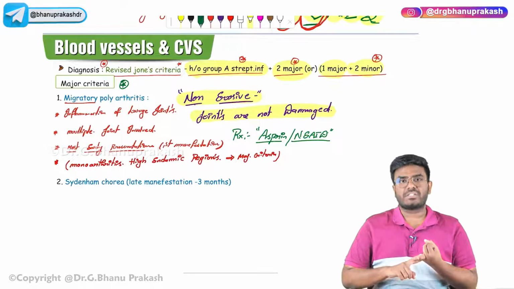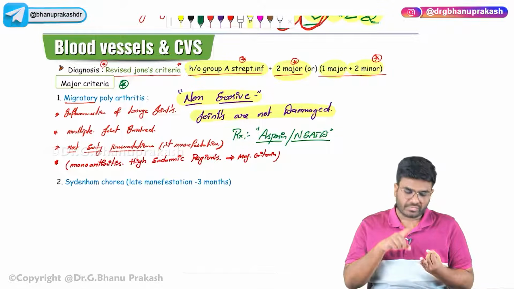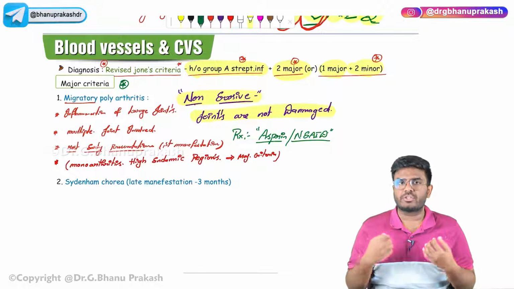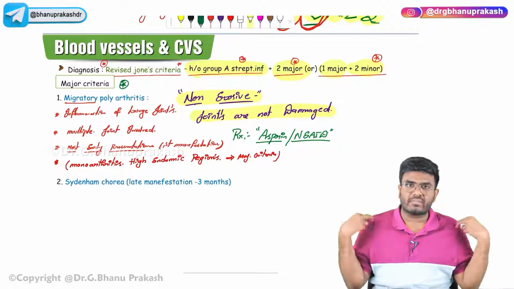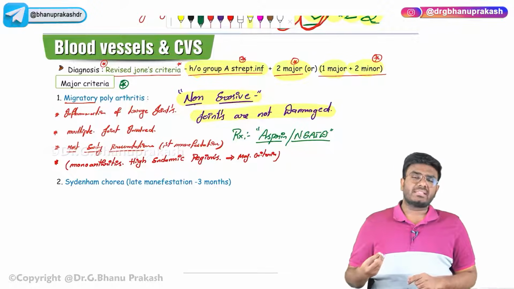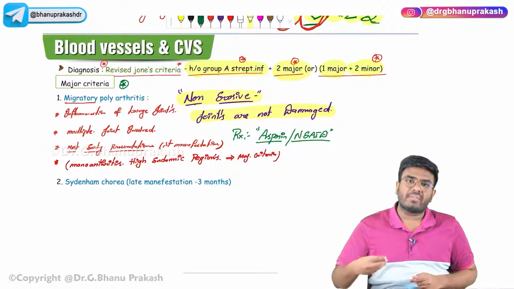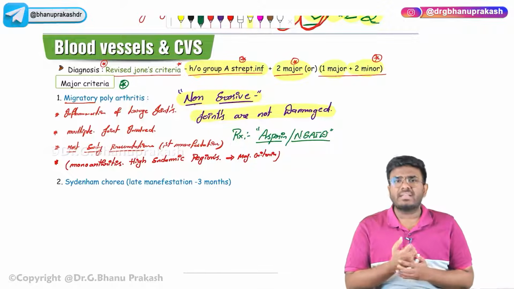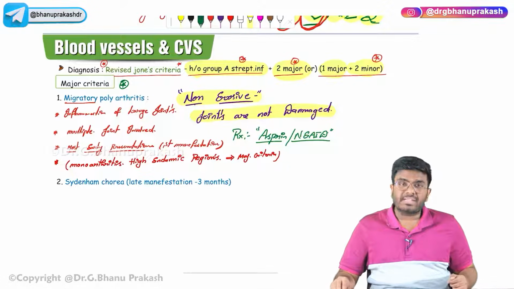It's the earliest manifestation in rheumatic fever. The first affected things are going to be the joints, because auto-antibodies are going to affect the joints. And in high endemic areas like India, where the cases of rheumatic fever are very common, just monoarthritis can be considered as a major criteria.